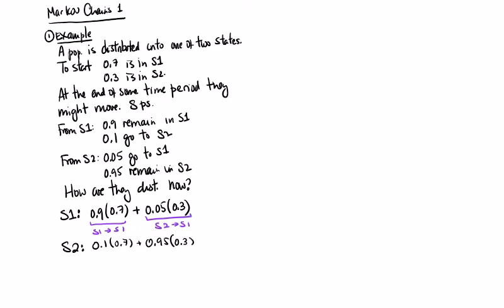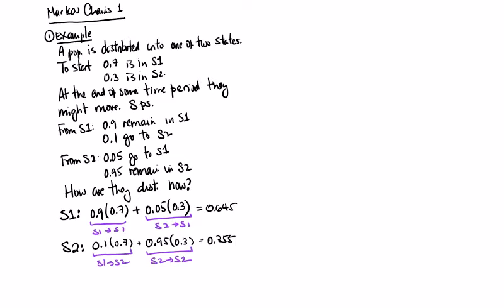So in other words, we've got state 1 to state 2 here, and state 2 to state 2 here. These are easy calculations, so I did these ahead of time. This first one is 0.645. This is 0.355.